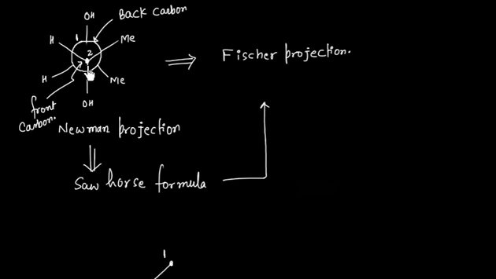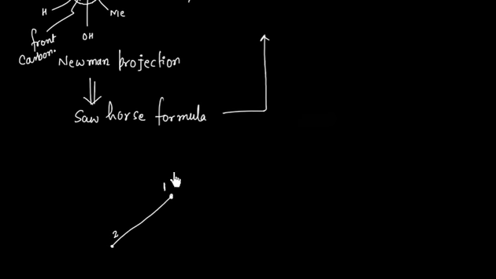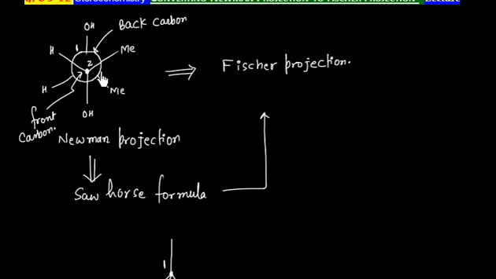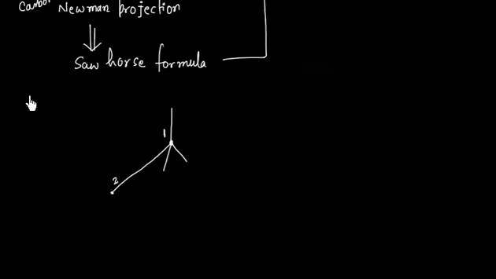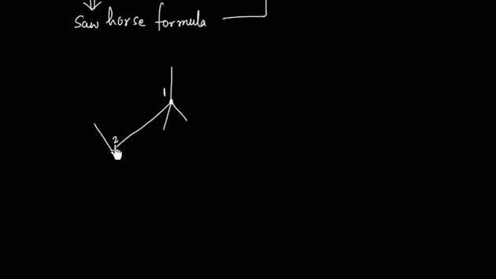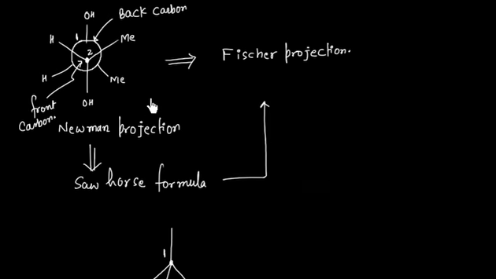Now on the back carbon we have this kind of configuration, that is one group is up and two groups are down. That is, we have something like an inverted V. On the front carbon, we have a regular V, that is an upside V. Now let us put these groups.